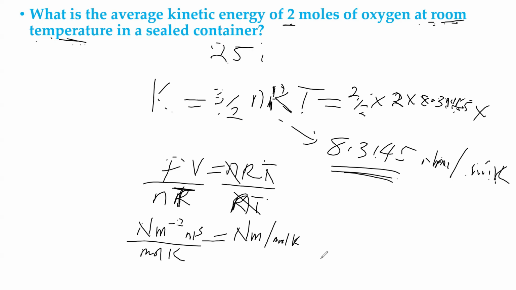So we are now going to say 25 plus 273, which is equal to 298. So it's going to be 298 Kelvin.